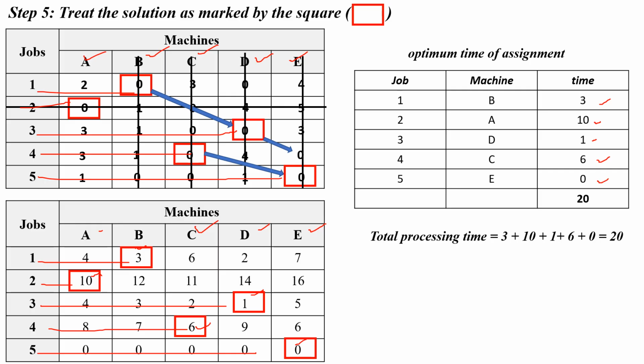Then the total processing time will be 3 plus 10 plus 1 plus 6 plus 0. So total processing time is 20.